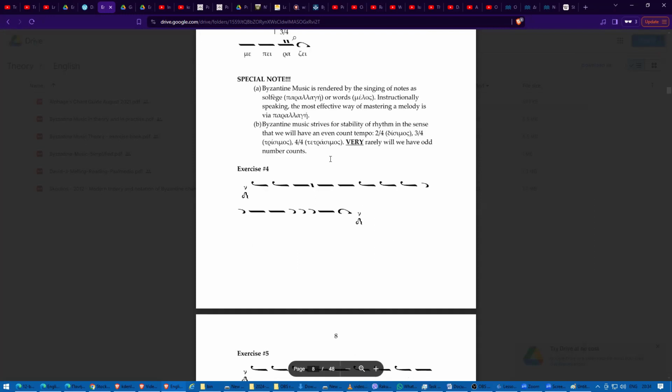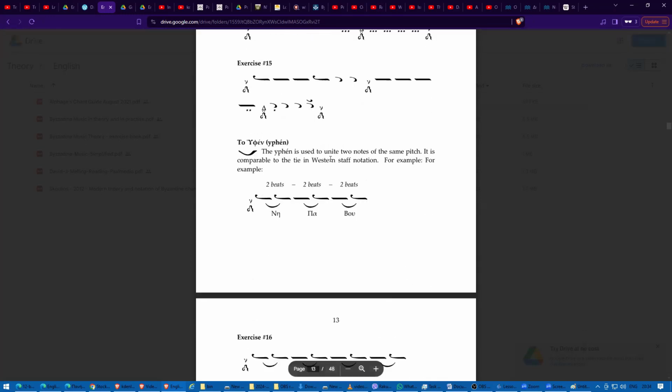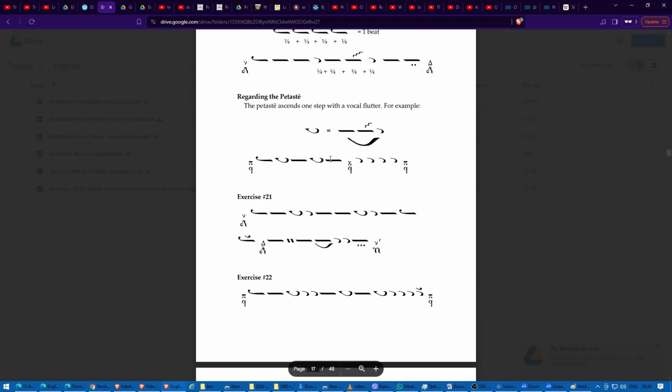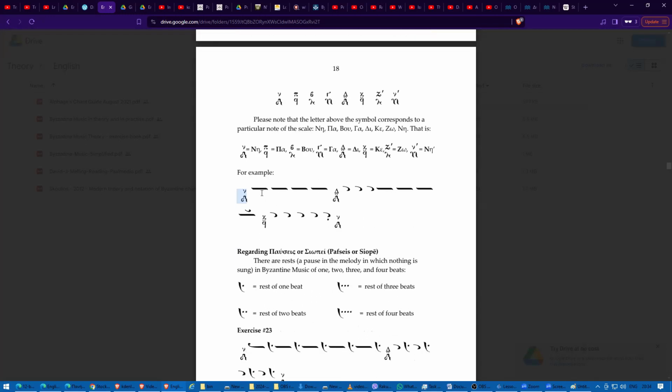Let me try to find an example here. There. So here we start with the ni as an example, and we have pa, vu, ga, di. And if I'm correct, this note here is going to match this character here.